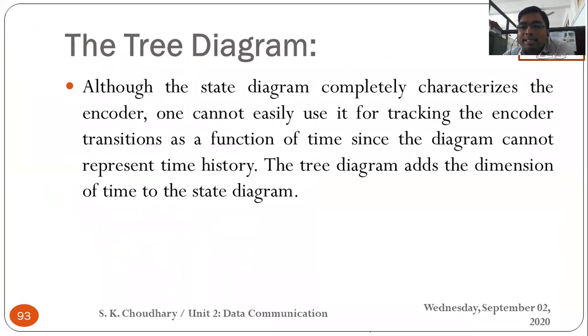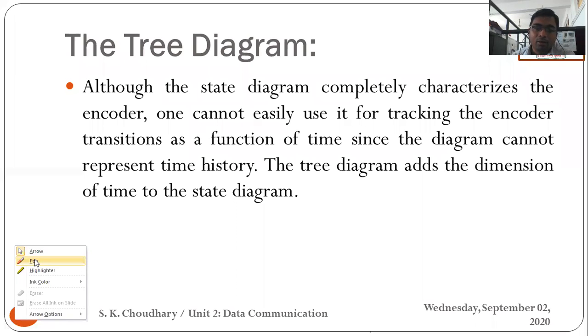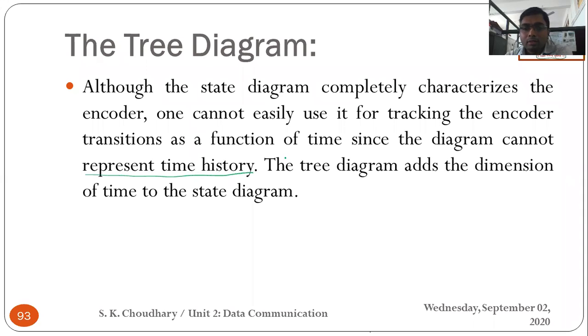Although the state diagram completely characterizes the encoder, one cannot easily use it for tracking the encoder transitions as a function of time, since the diagram cannot represent the time history. So in the state diagram, this is the only drawback, that it does not represent the time history. The tree diagram adds the dimension of time to the state diagram.